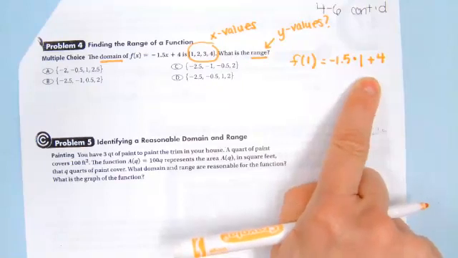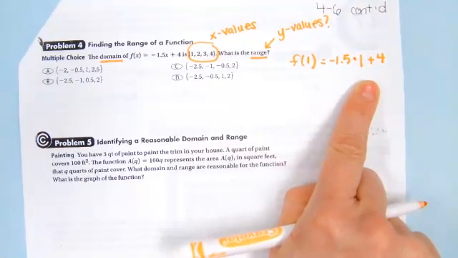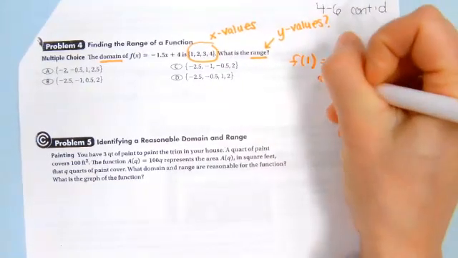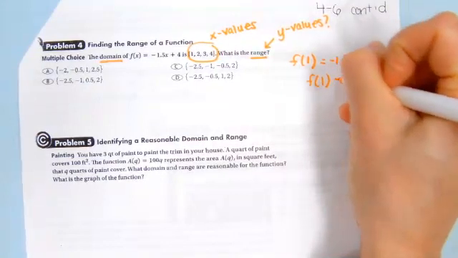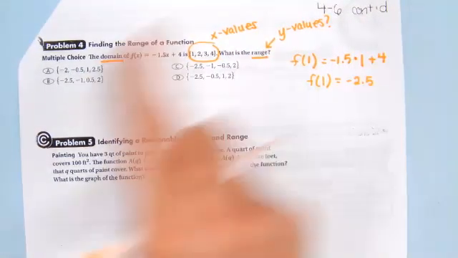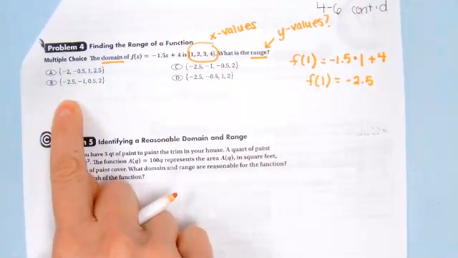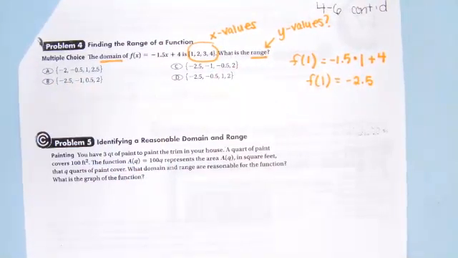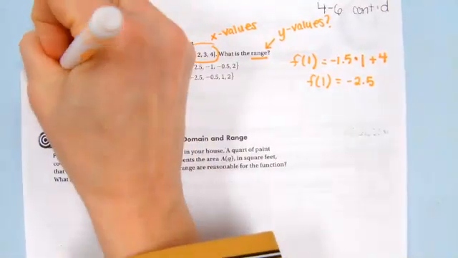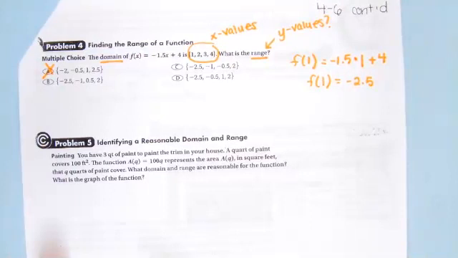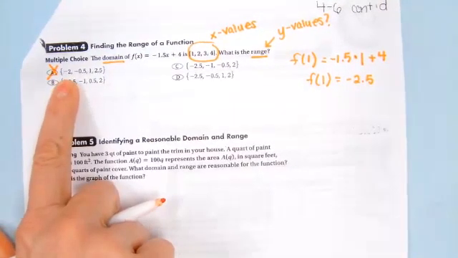Negative 1.5 plus 4. So the function of 1 equals 2.5. That should be the first answer in our answer choices. So which one is out already? It's not A, because they don't have a 2.5 in choice A.